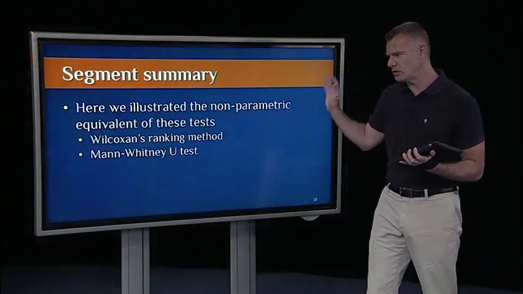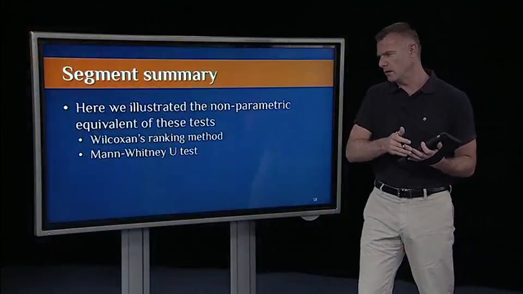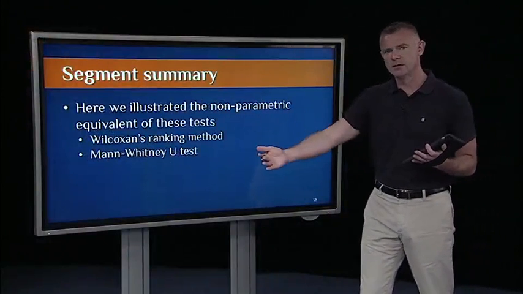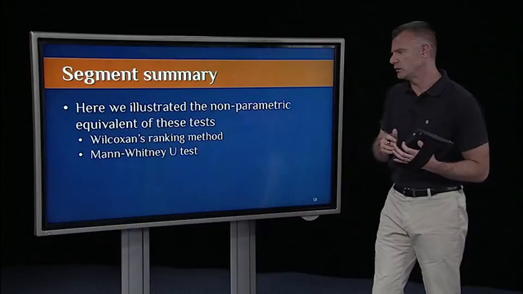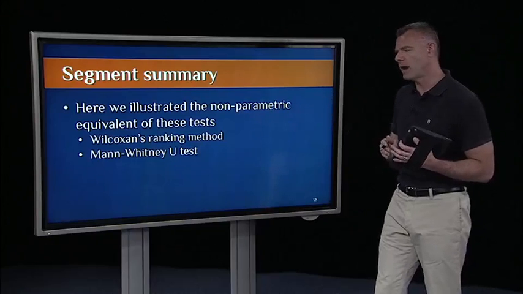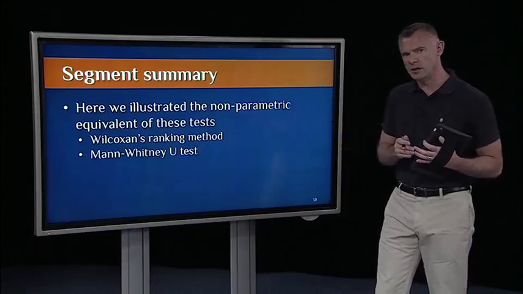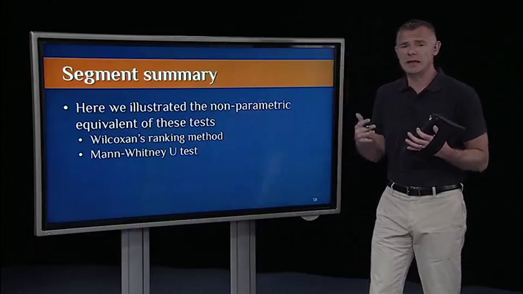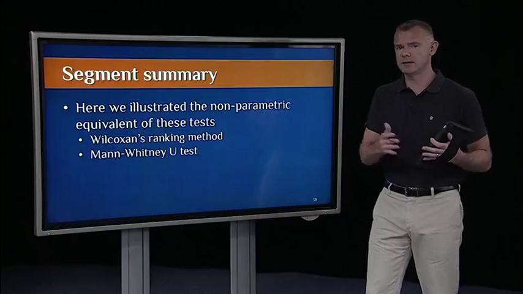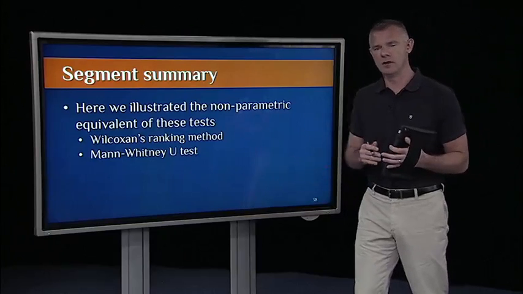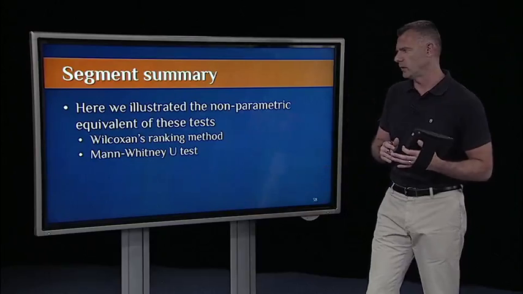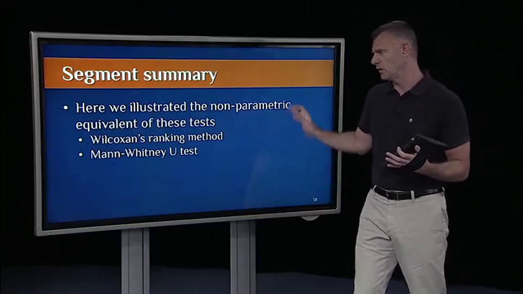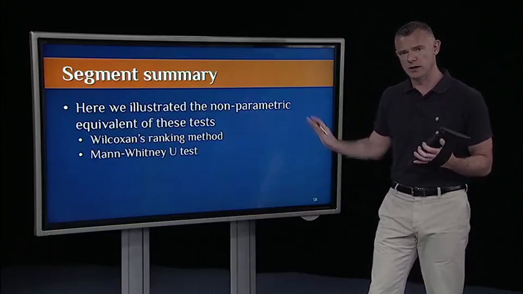Here in this segment, we just illustrated the analogous non-parametric procedures, which are known as Wilcoxon's ranking method and the Mann-Whitney U test. Those are the non-parametric procedures that you can use if you violate assumptions and you can't overcome those violations of assumptions, then do the non-parametric procedures outlined here.